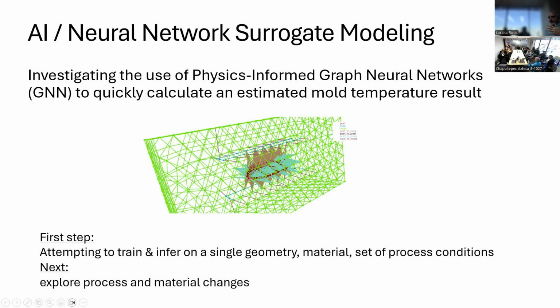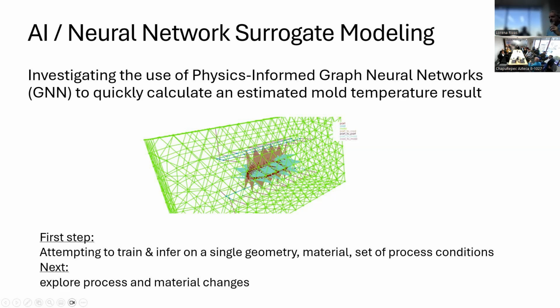In a Moldflow world, it can take maybe an hour or two for a cooling analysis to complete on a large model. With a pre-trained model, maybe this can be sped up to 2 seconds. It may not be 100% accurate, but the cooling distribution doesn't always have to be pinpoint accurate.